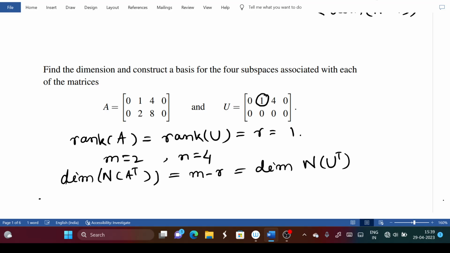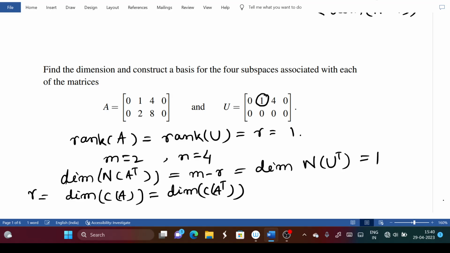R is equal to 1, and R is the dimension of the column space of A, that is the dimension of the row space of A, that is equal to the dimension of the column space of U, that is equal to the dimension of the row space of U. All are equal to 1.